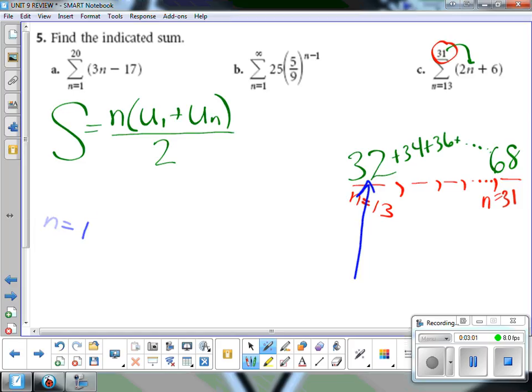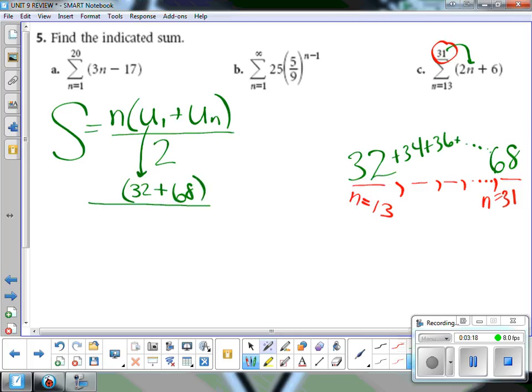U1 in our formula means what's the first term in the portion of the series that we're looking at. What is it? 32. So that's why U1 is 32. What's the last term over there? 68. What's always in the bottom? 2. The last thing that we don't know is how many houses are on the block here.